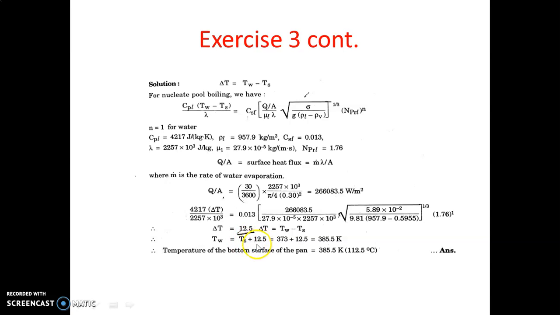So delta T is 12.5 and TS, the saturation temperature, is 373. You just add these two values, and we get 385.5 Kelvin. So what is TW? It is the temperature of the bottom surface of the pan, which is equal to 385.5 Kelvin.